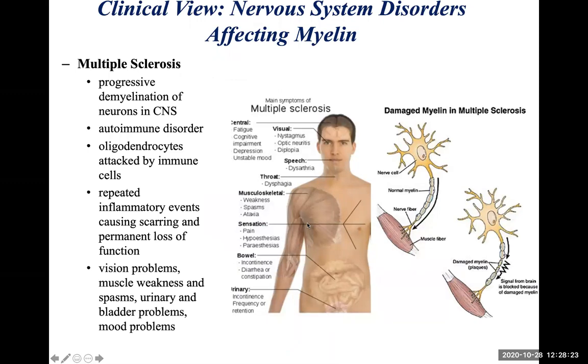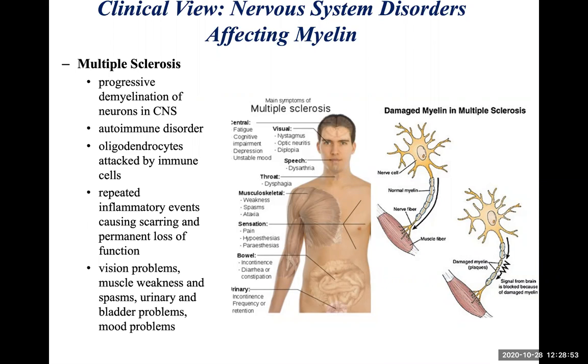All right, so for a clinical view, one example associated with oligodendrocytes is what we call multiple sclerosis. This is an autoimmune disease. In this autoimmune disease, the person's body starts to see the oligodendrocytes as being foreign and attacks those cells.